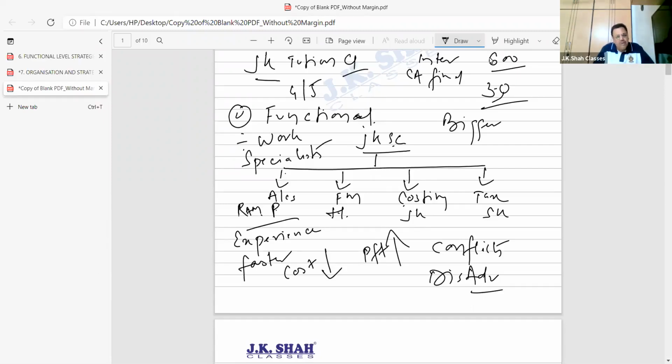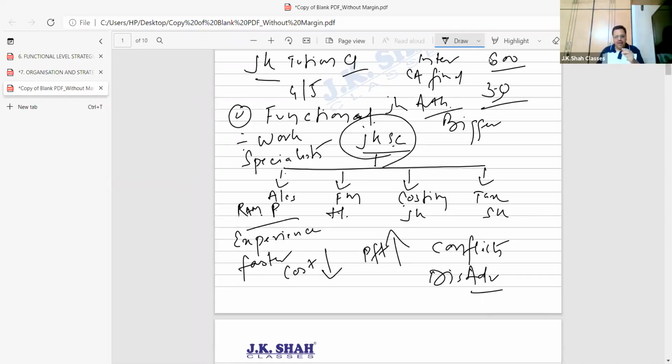And beta, the biggest problem is what? Please understand. The owner of the class, in JKSC, JK sir has all the authority with himself. Please understand this. He has full authority with him.